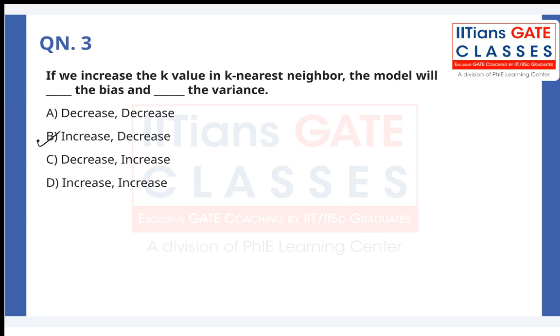But here is the thing. The other thing is your bias increases. Okay. So to understand that, understand what happens if the value of k is 1. If the value of k is 1, then you are only looking at one data point. Whatever decision you are taking for this data point, whether it should belong to which class, you are only looking at one data point.